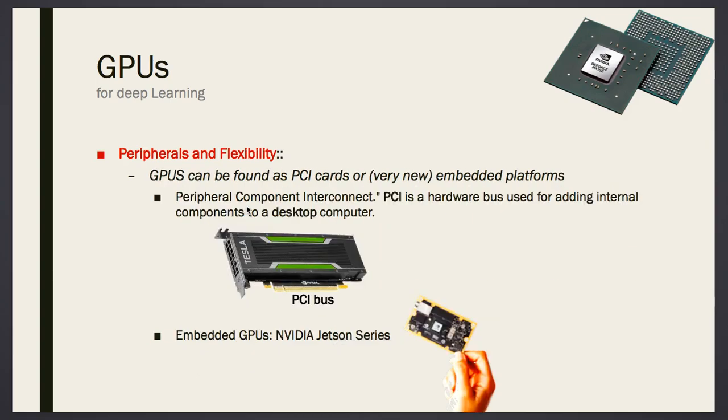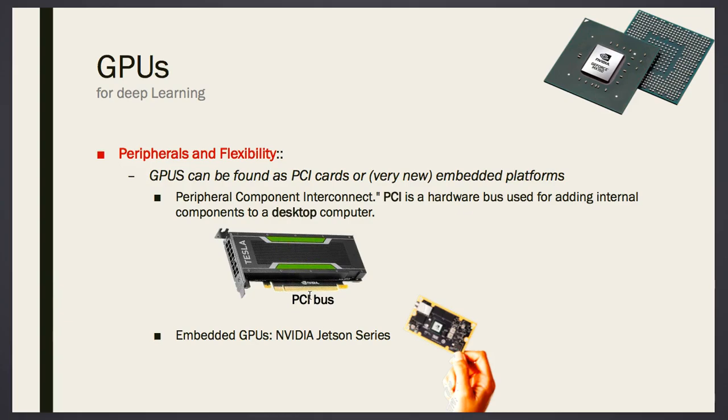Okay, what about their embedded architecture? We know GPUs as PCI cards. Most of you play games on your computer, and if you have a desktop computer, inside your desktop, in the PCI bus, there's a big card like half of my arm. It's a long, big card, but imagine I'm going to put it on a flying UAV. It has to be small.